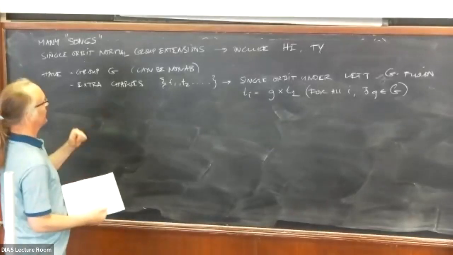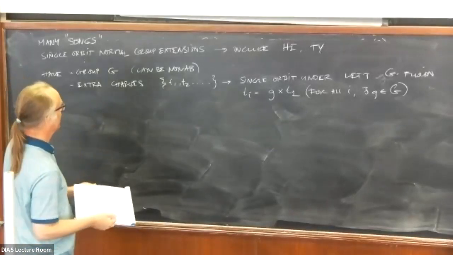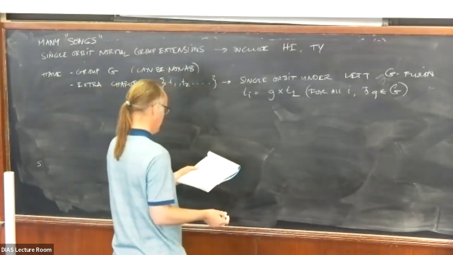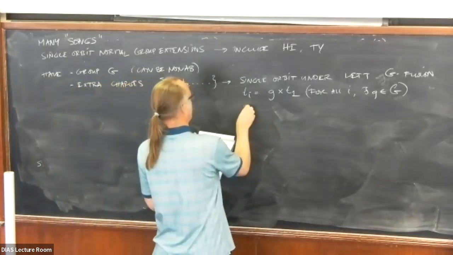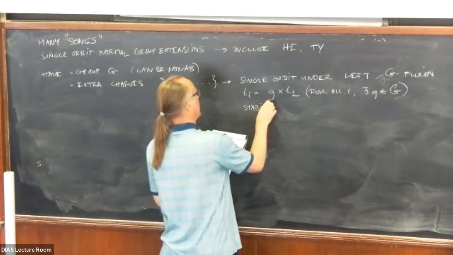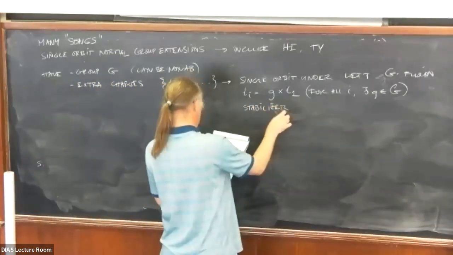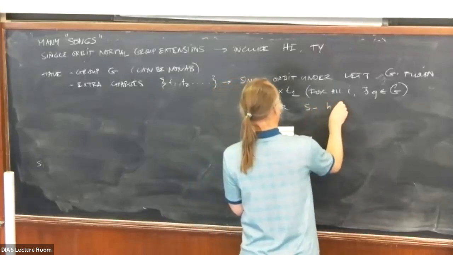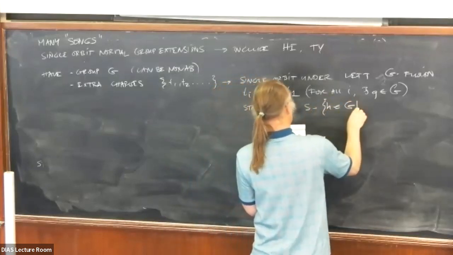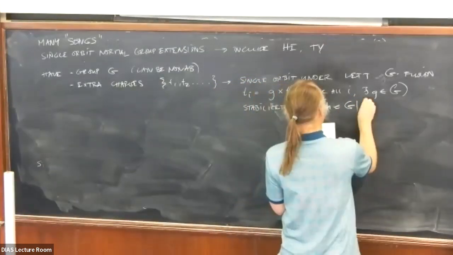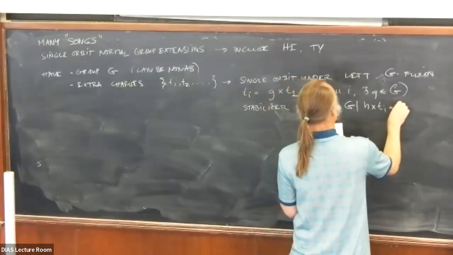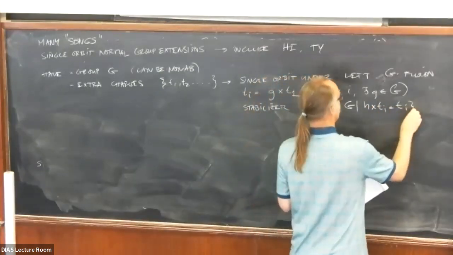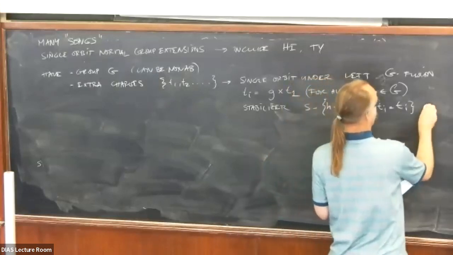Hence single orbit, and then you also require that the stabilizer in the group is a normal subgroup. So the stabilizer S, which is all elements h in G such that h times T_i for some particular T_i is T_i, is a normal subgroup.